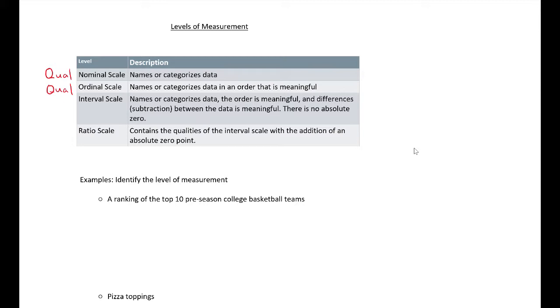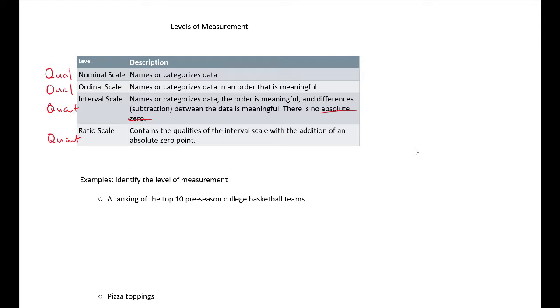Okay. And then your last two, interval and ratio scales, these are both going to be typically, not always, but typically your quantitative values, okay? The difference between them is this concept of what we call an absolute zero. And what does that mean?